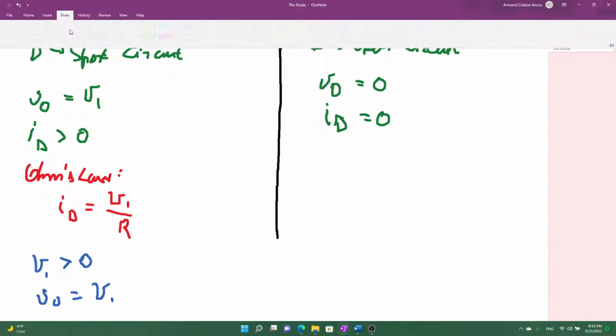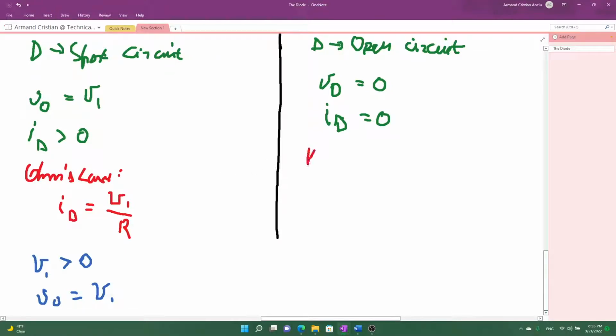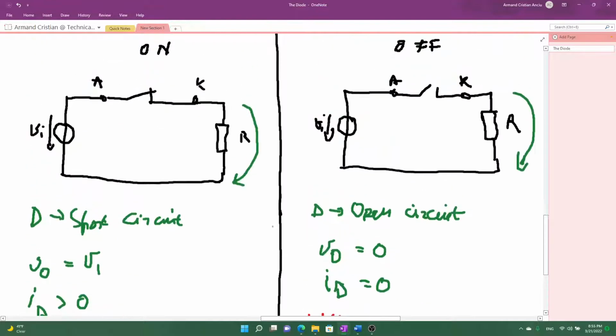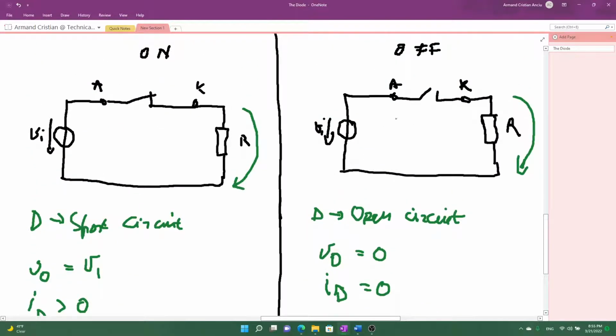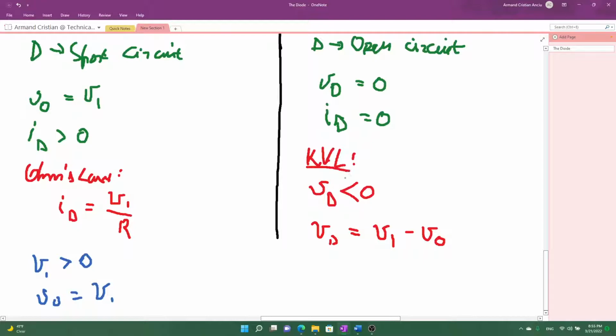For the diode in the off state, we have Kirchhoff's voltage law, which tells us the following. The voltage across the diode is less than 0, and also Vd can be written as Vi minus Vo. Because if you remember, Kirchhoff's voltage law basically states that the sum of the voltages around a circuit should be equal to 0.